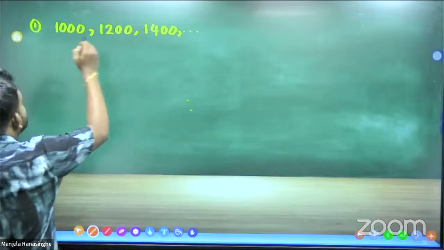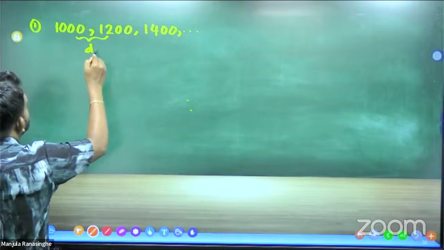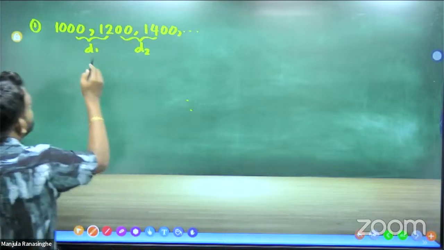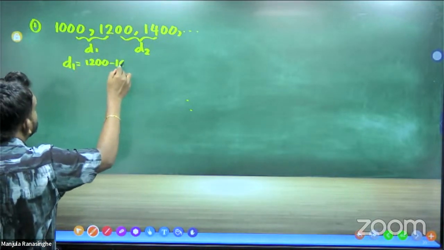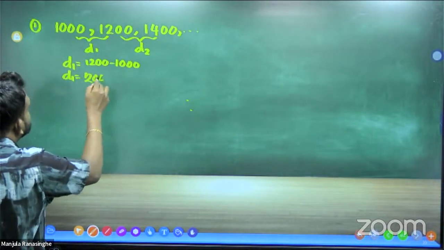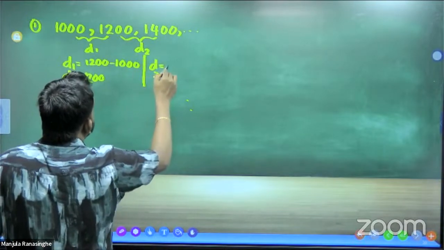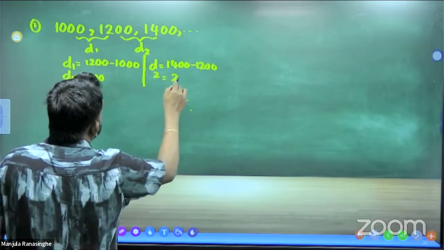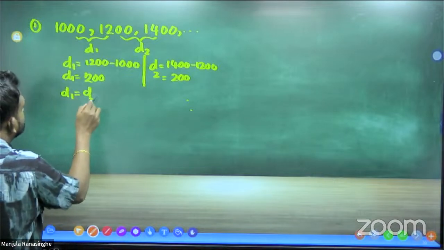Take the difference between two consecutive terms, D1, which is 1,200 subtract 1,000, so D1 is 200. Then take another two consecutive terms, D2, which is 1,400 subtract 1,200, and that is also 200. Then you write D1 equals D2 equals 200.